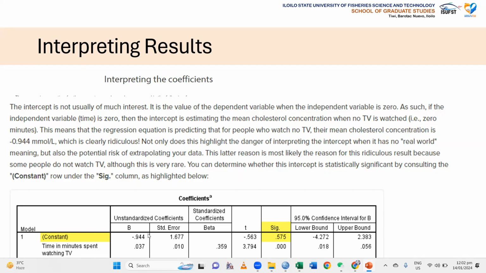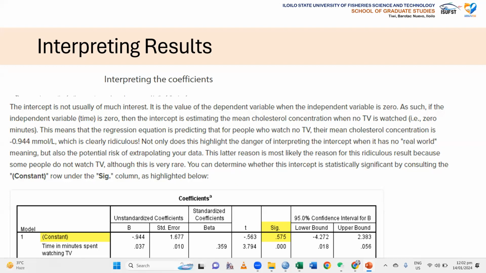As such, if the independent variable is 0, then the intercept is estimating the mean cholesterol concentration when a certain independent variable is 0. Okay?